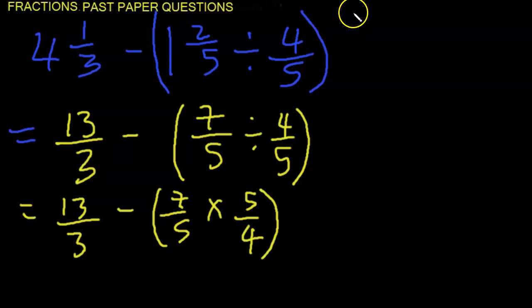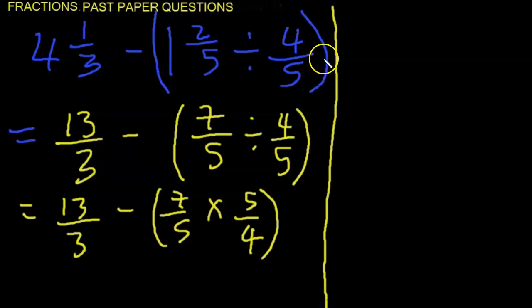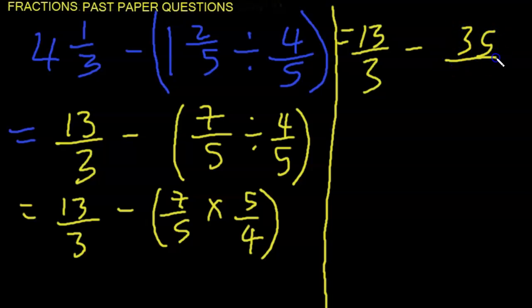Good? Let me just continue over here. So here we have 13 over 3. Now what happens here? This is 7 times 5, 35. Because remember when multiplying two fractions, numerator times numerator, and denominator times denominator. 5 times 4, 20.